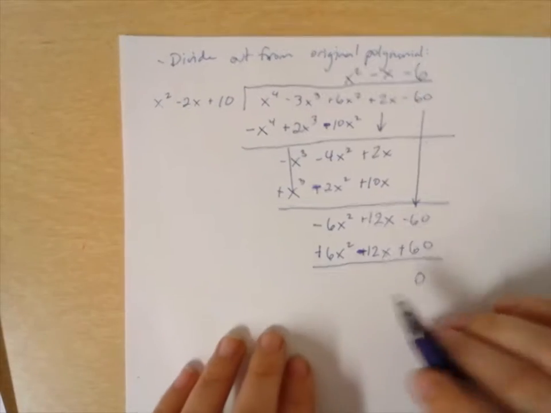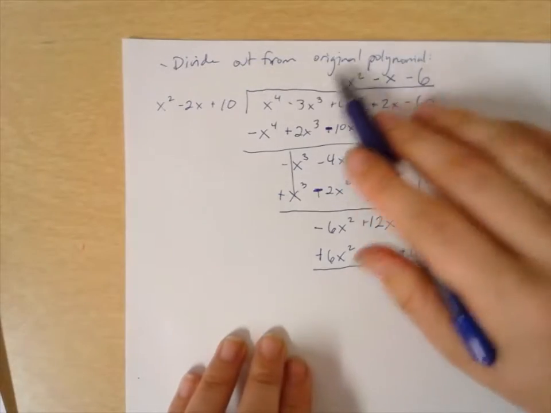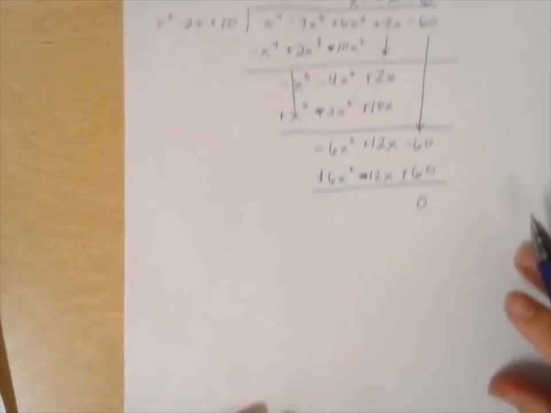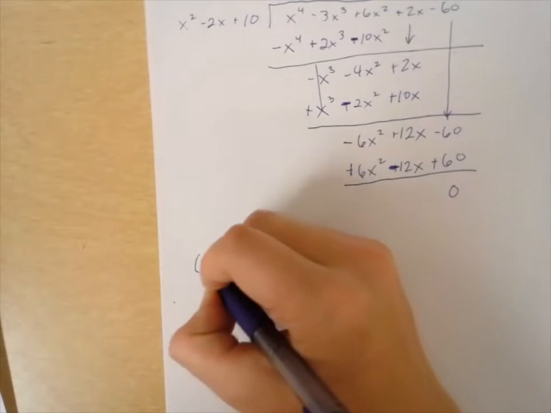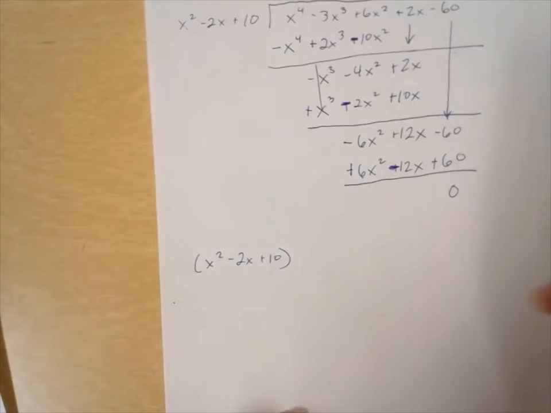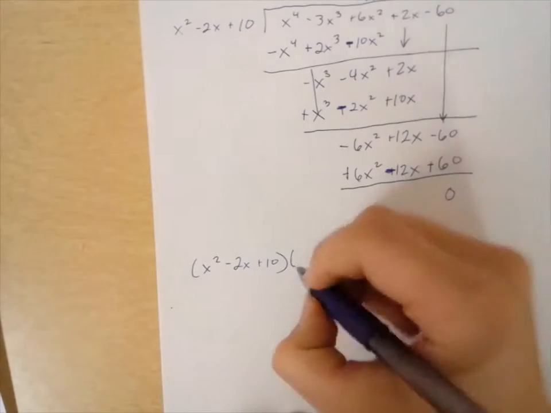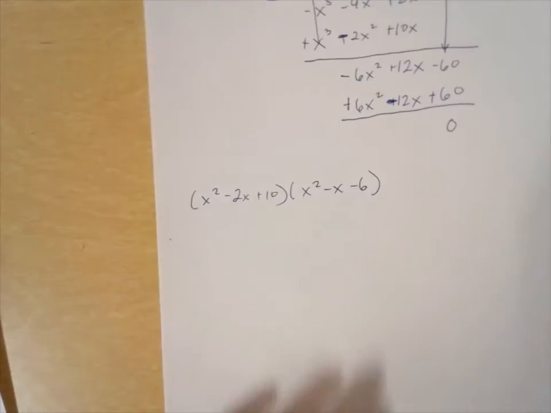And that's helpful because now what I have is another factor of this polynomial. I know that x squared minus 2x plus 10 was a factor, and now I also know that x squared minus x minus 6 is a factor.